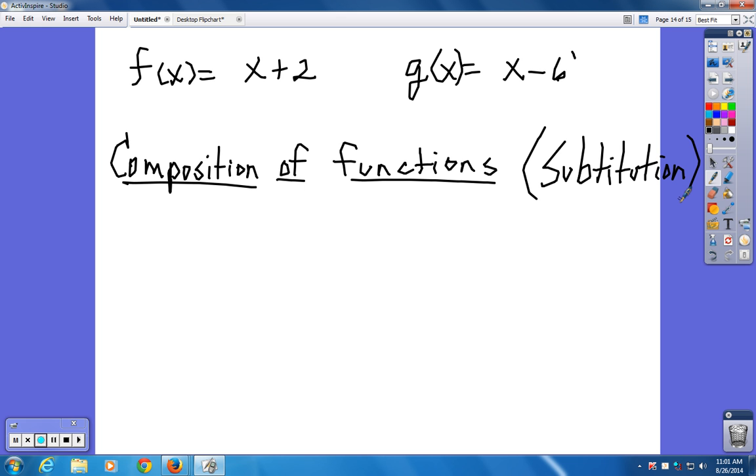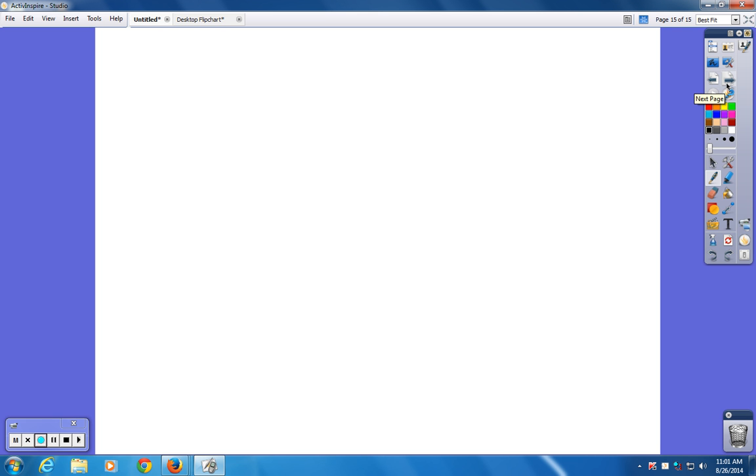Now, let me talk a little bit about this representation right here. I'm going to go to another page, and you can go to another page in your book, or just go somewhere else and write it, but it's going to be a good bit of information.